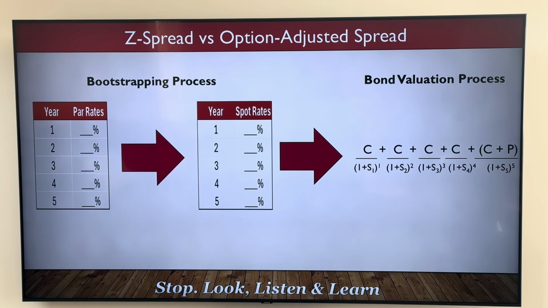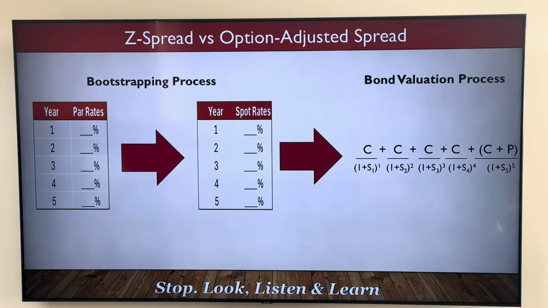Big picture, when you're talking about valuing a bond, we start off by looking at par rates of governmental bonds, and then we use the bootstrapping process to determine what the spot rates would be. And once we have the spot rates, then we take the cash flows that the bonds will produce and we discount those cash flows using the spot rate curve.